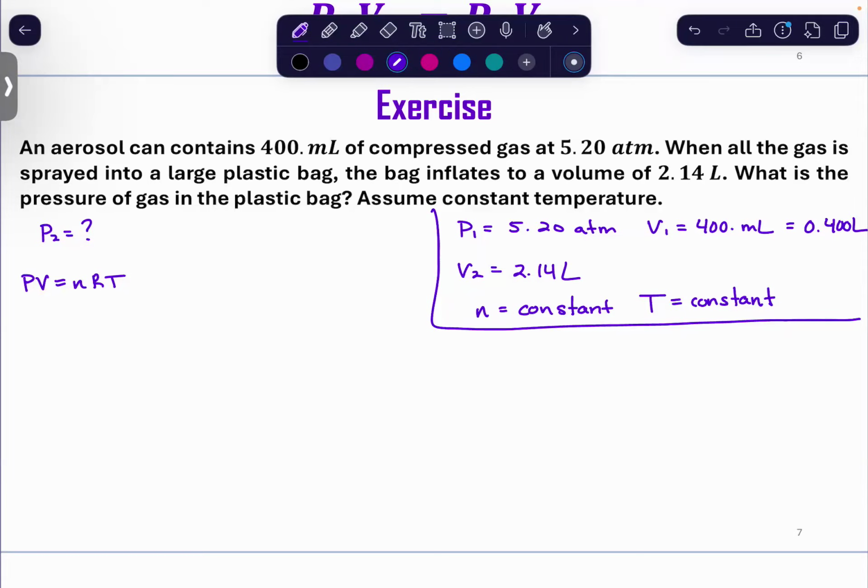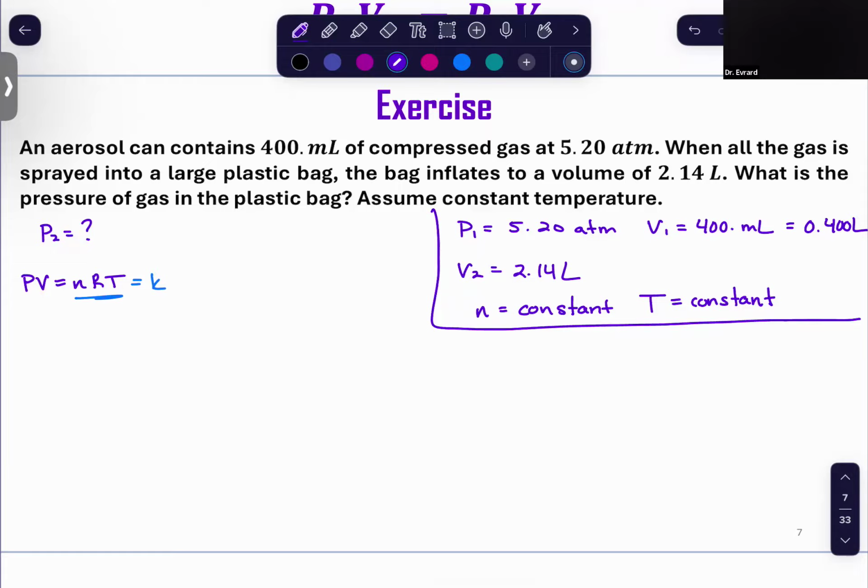Now, I have to think about what is constant. I know n is constant, T is constant. That means that this nRT is going to be our K for this situation. And since all of that is constant, then from here, I could say every single instance of P times V is going to equal that nRT.